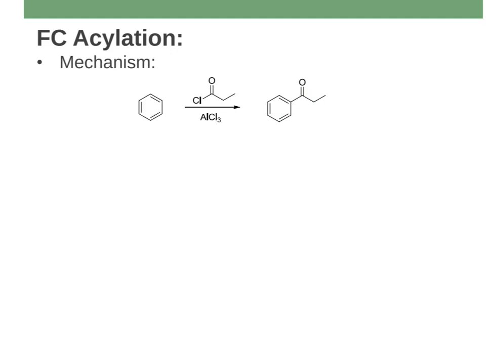So Friedel-Crafts acylation, how is that similar or different? Let me draw this reagent here. I've got this, and again, my aluminum trichloride. You can imagine that the first step of this is going to be the same thing.